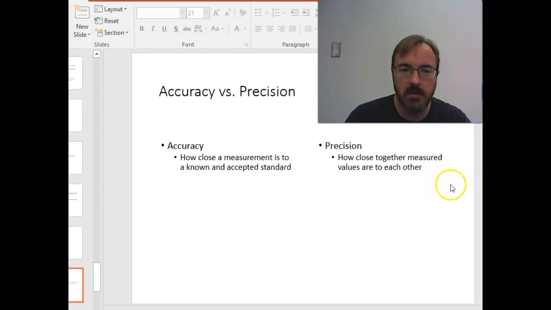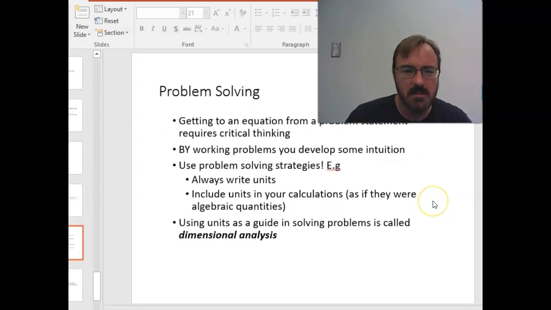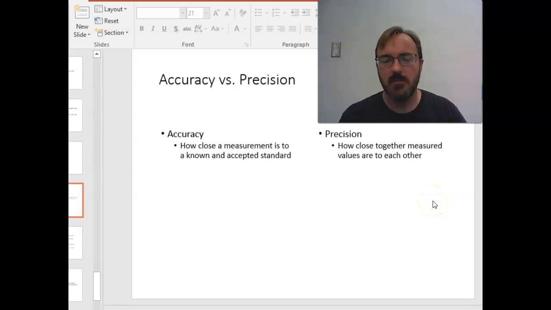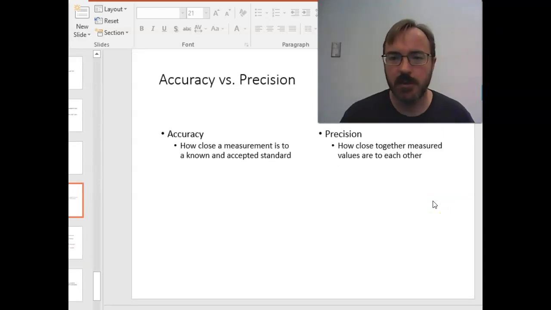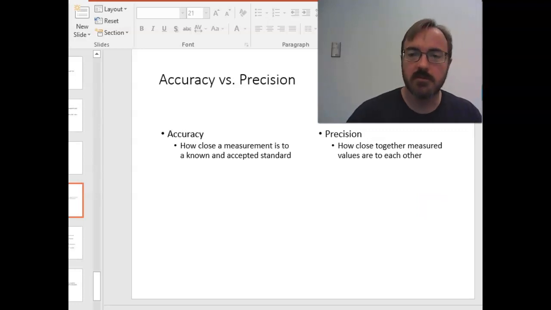Okay, let's talk a little bit about accuracy versus precision. And this is a discussion that's pretty easy to get. And the typical example I'm going to use is to think about it in terms of shooting at a target.